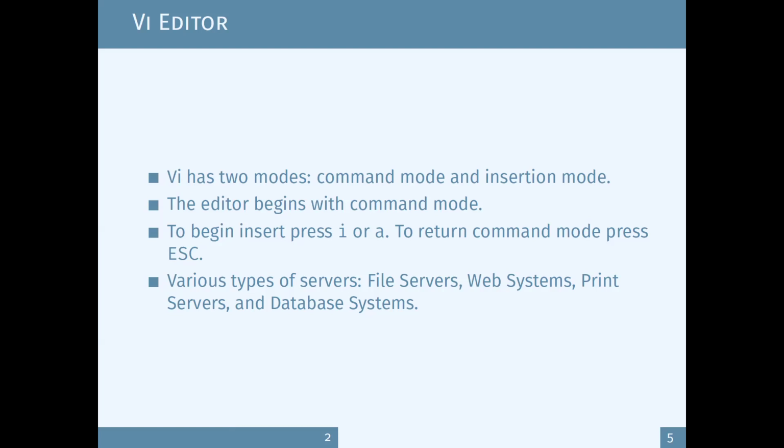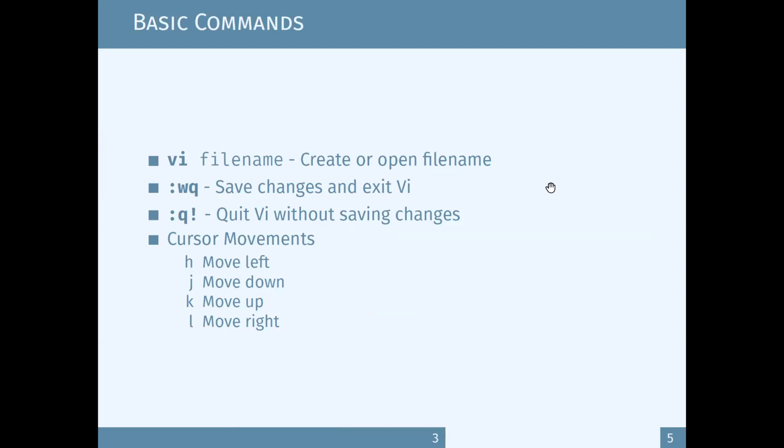Then the basic commands that we discussed last time: you can type vi and a file name, which will open the file if it already exists, or it will create a file with the given name.